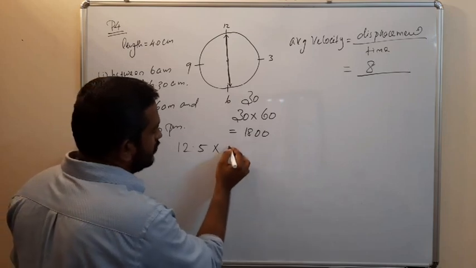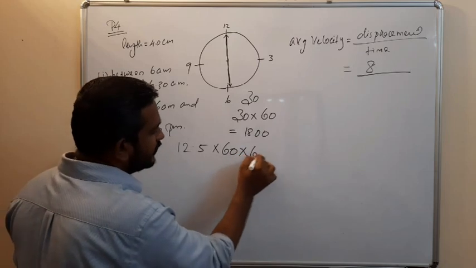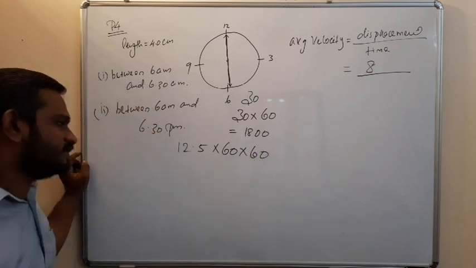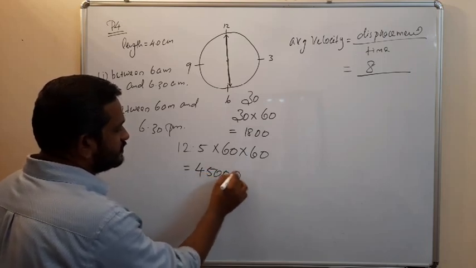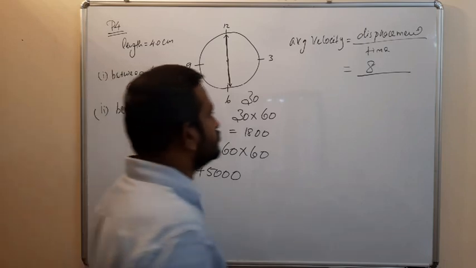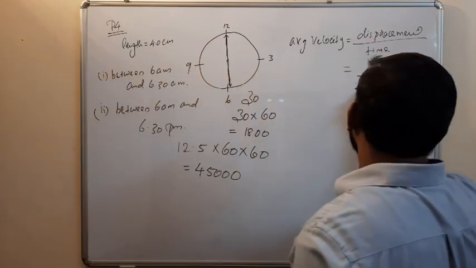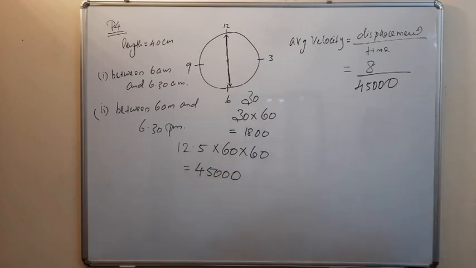12.5 into 60, that is hours into minutes, into again 60, that is seconds. If you multiply to verify the answer, that is 45,000.